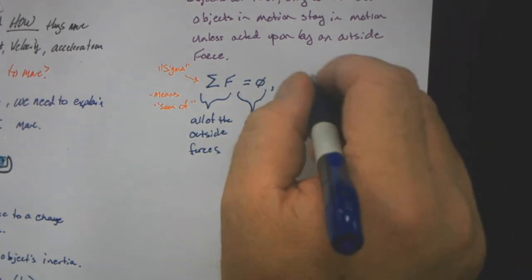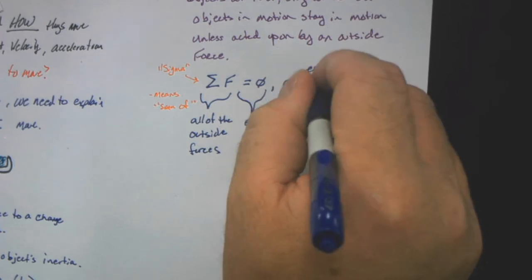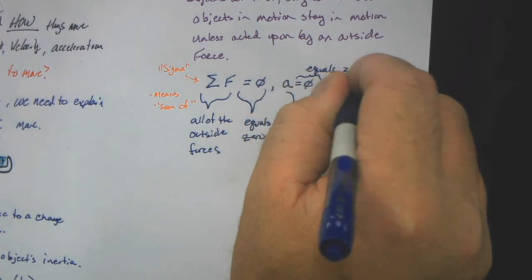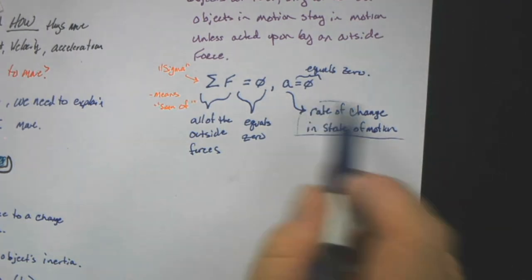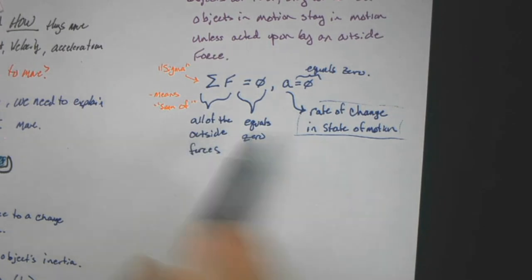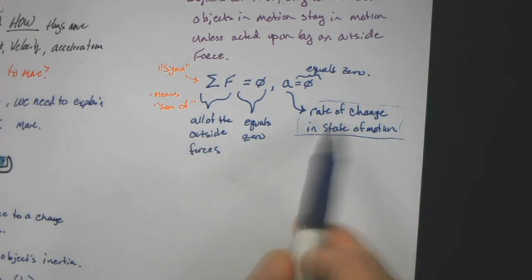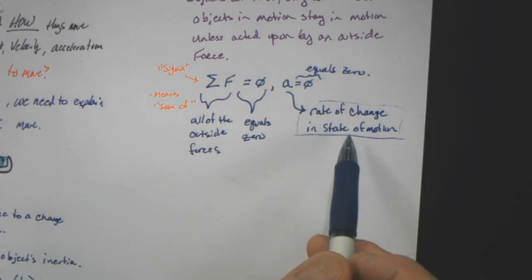And then here's equals 0 again. Okay, this is the important part: if all of the outside forces equal 0, then it doesn't change its state of motion. You follow?